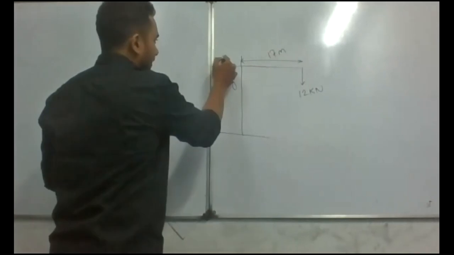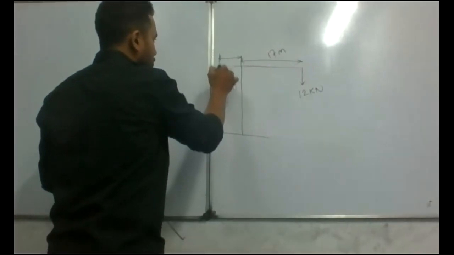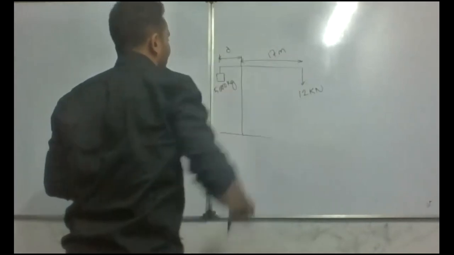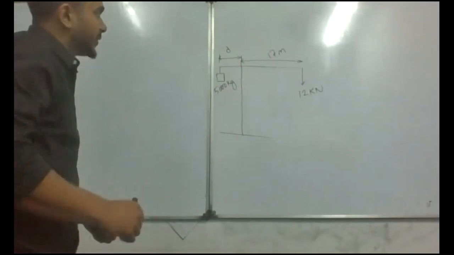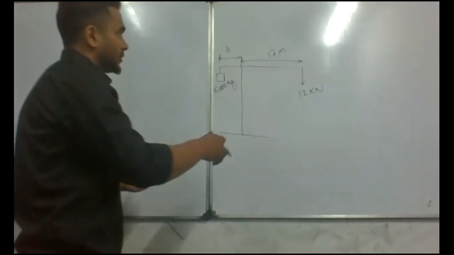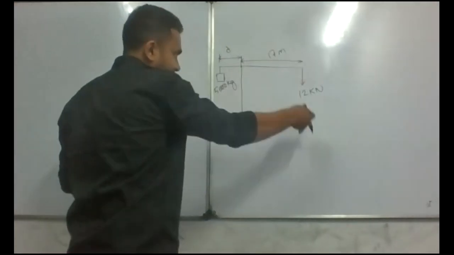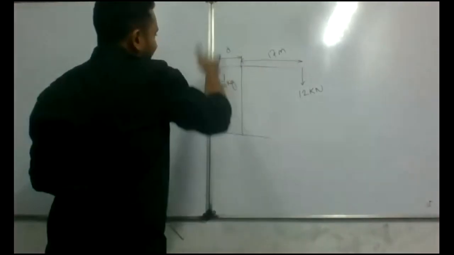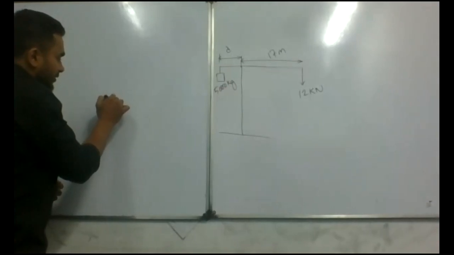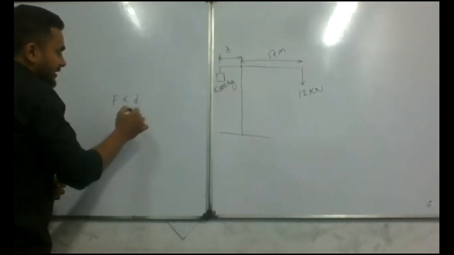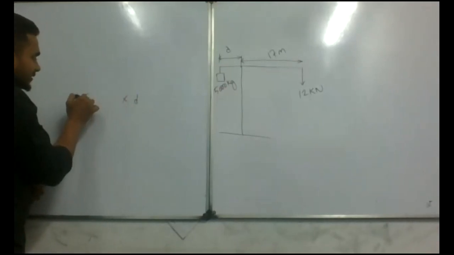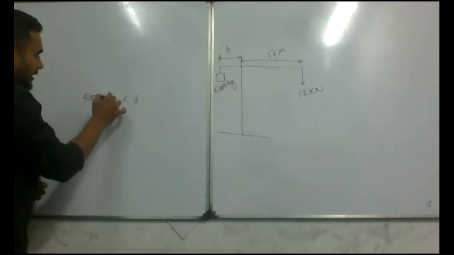কি বের করতে বলছে? এটা কতটুকু ডিসটেন্সে হবে so that the crane is balanced. So that D is unknown, right? If the D is unknown, as far we know, since it has to be balanced, thereby clockwise moment equals anti-clockwise moment. Say this is the pivot that is responsible for the clockwise moment, and that is responsible for the anti-clockwise. So I can write the anti-clockwise moment, which is force into perpendicular distance from the pivot, and here the force is mass into gravitational field strength, which is 5,000 into 9.81.